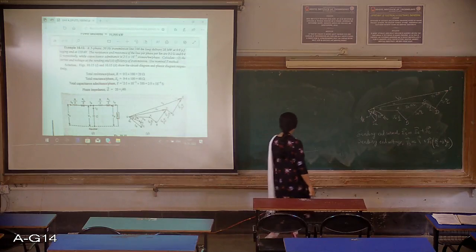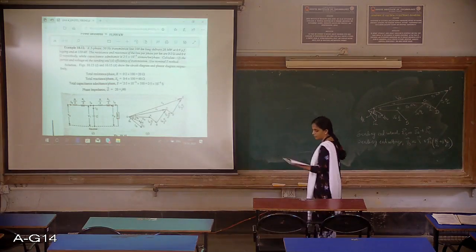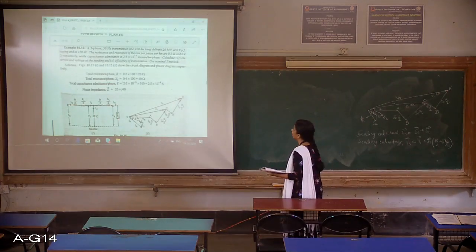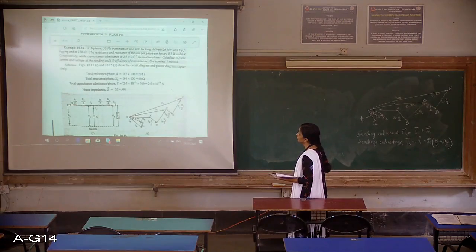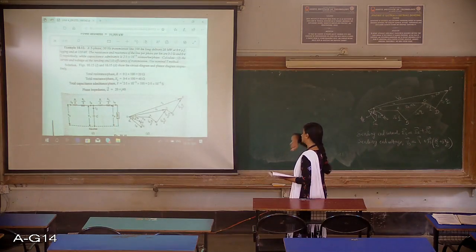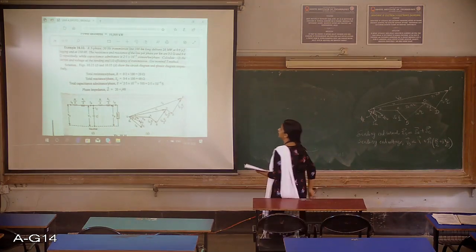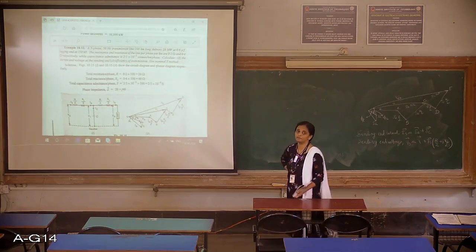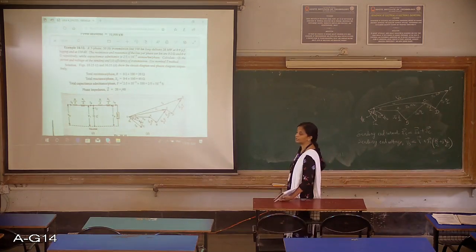The resistance and reactance of the line per phase per kilometer are 0.2 ohms and 0.4 ohms respectively, while the capacitance admittance is 2.5 into 10 raised to minus 6 siemens per kilometer per phase. So you have to observe here that all the values that they give will be on a per kilometer basis.